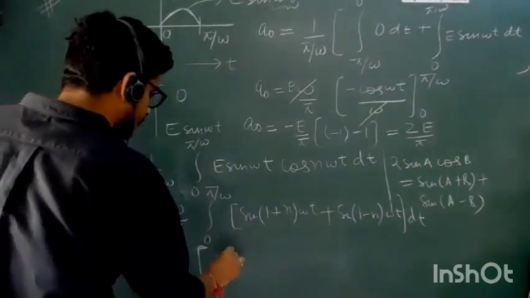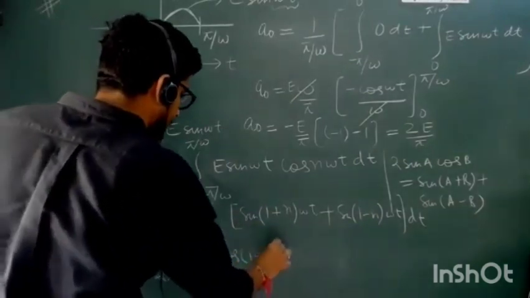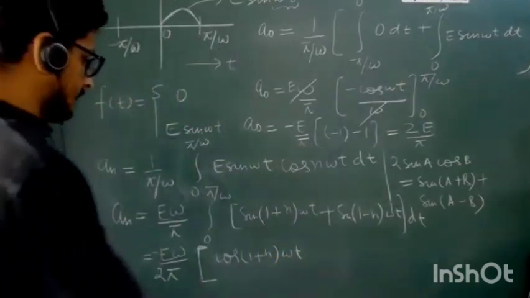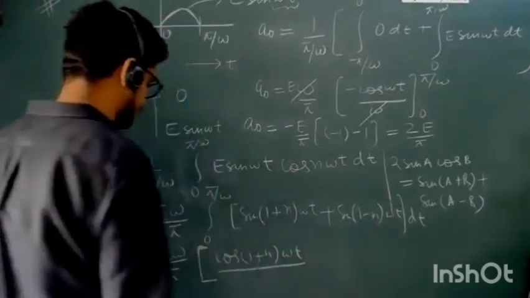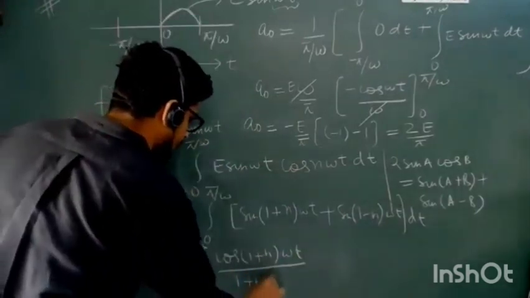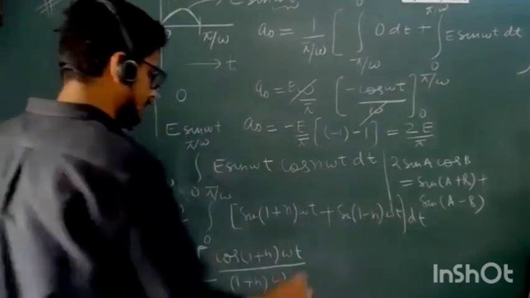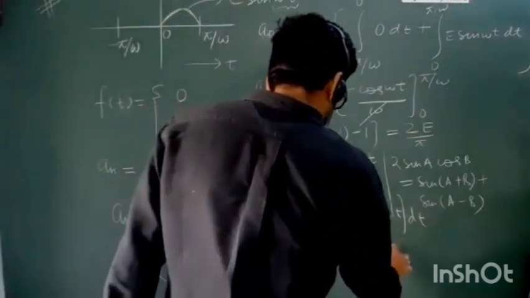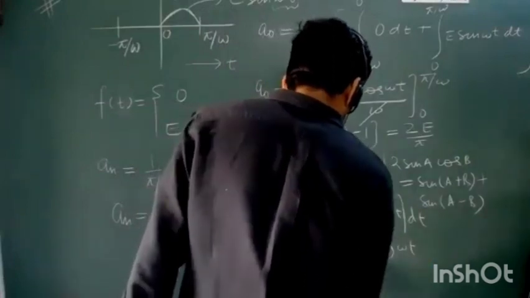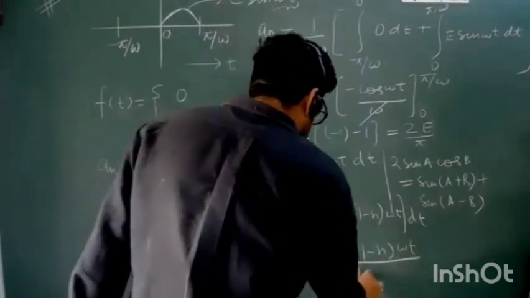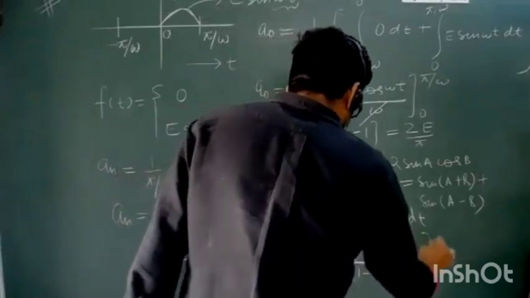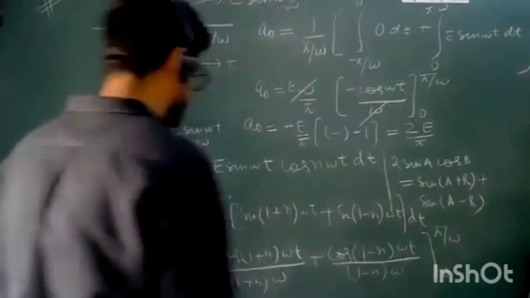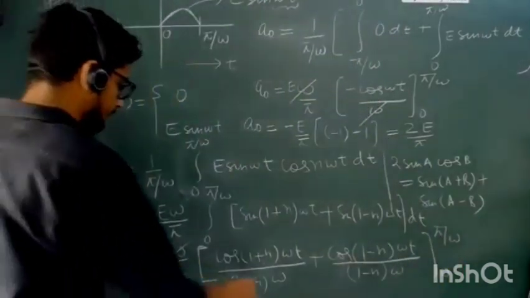So it will become cos of 1 plus n omega t divided by 1 plus n omega, plus cos of 1 minus n omega t divided by 1 minus n omega, from 0 to pi by omega, and this omega will be gone.